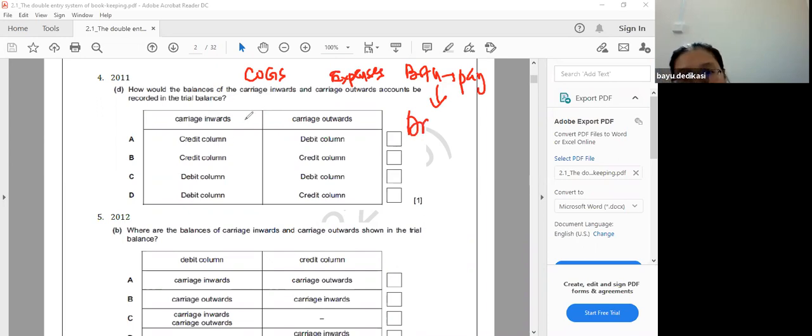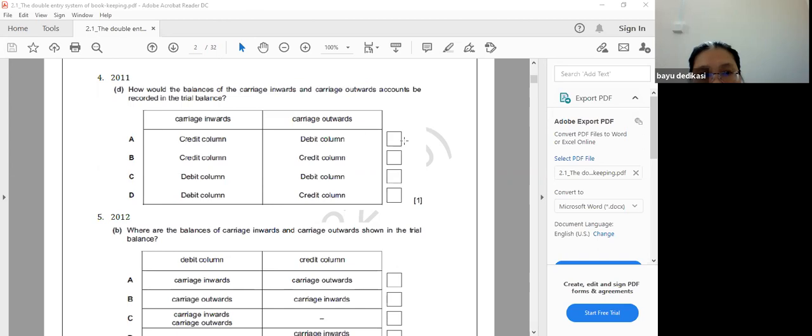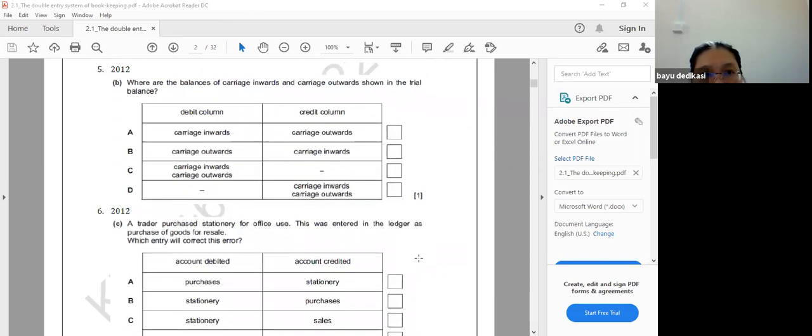So both carriage inwards and carriage outwards will be in the debit column. Okay. Next.